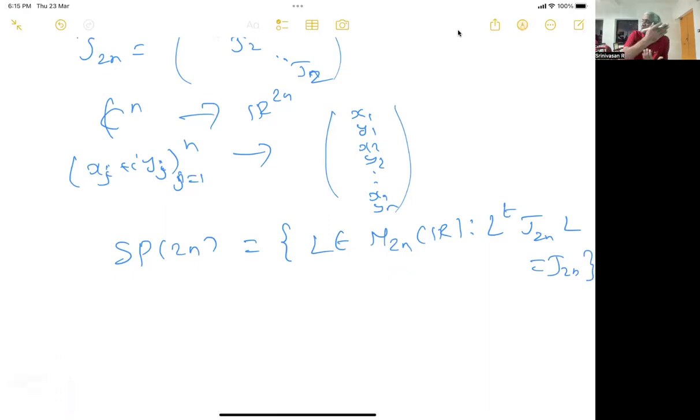This is our new definition, and with respect to this J2n we define the symplectic operator. Because the identification is like this, precisely when you write the corresponding real linear operator in the complex space, it will preserve the imaginary part of the inner product. That's clear? The same idea.